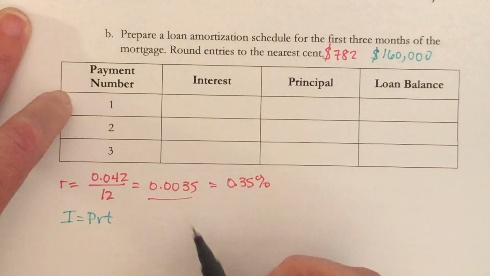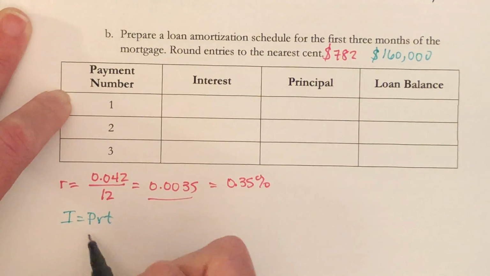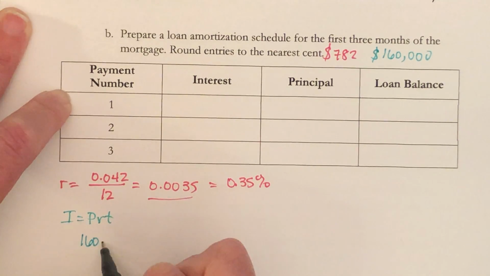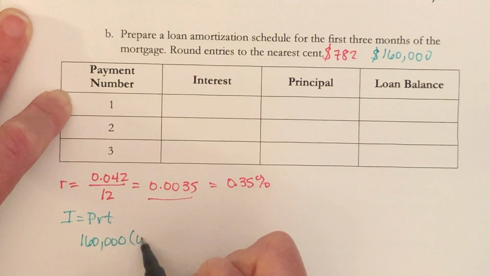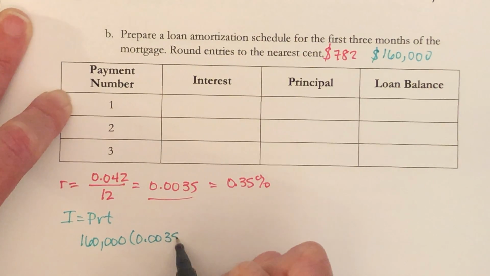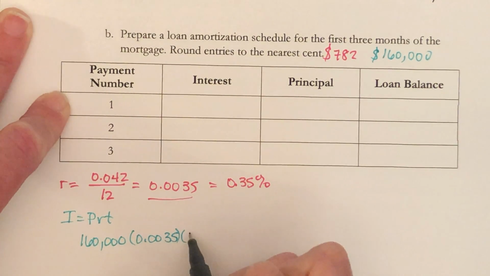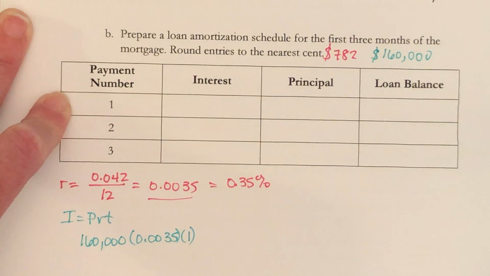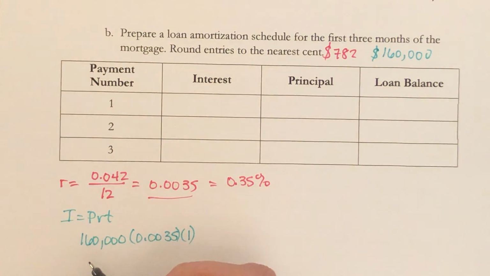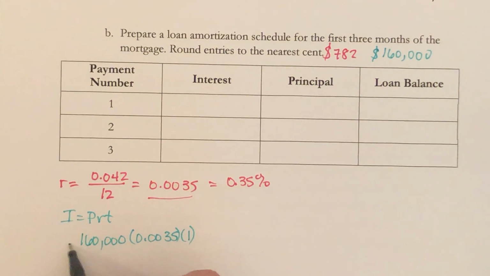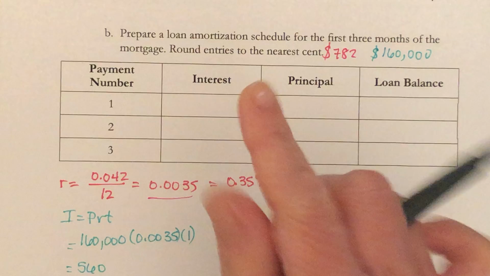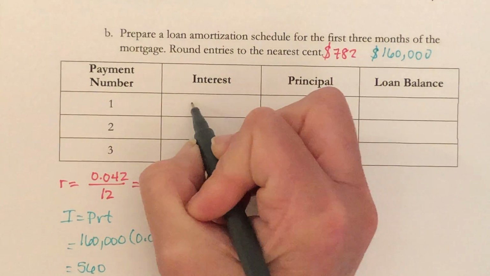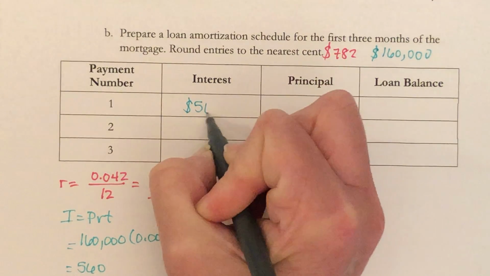So for this first one, we figure $160,000, which is the balance of the loan right now, times this, times 1 month. Time is in months right now. And so you would get 560. So for this first payment, the amount of interest you are paying is $560.